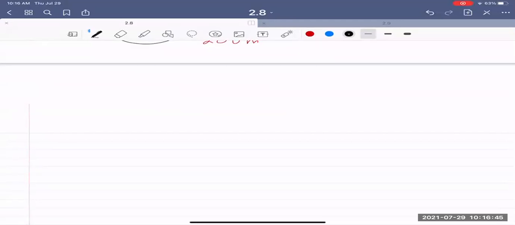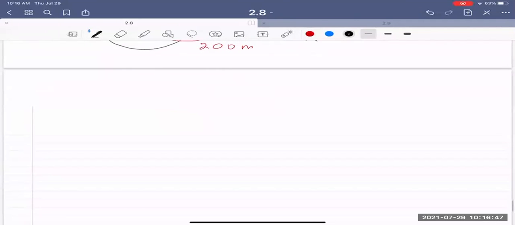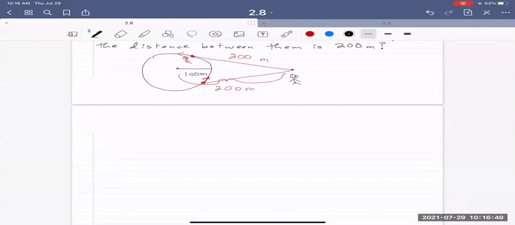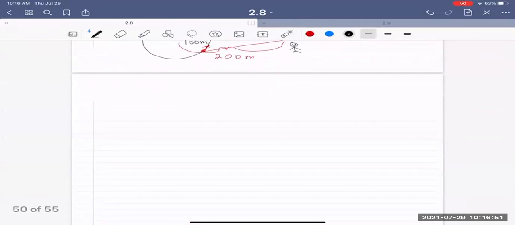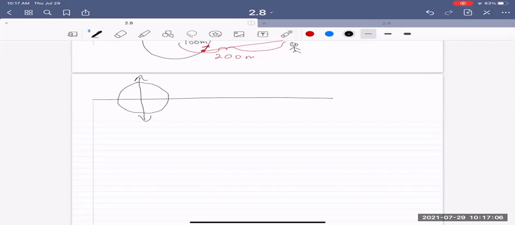So let's see. Yeah, let's do it so it doesn't move back and forth. So let's coordinatize this. Okay, so let's do this, where the center is at the origin. So this is 100.